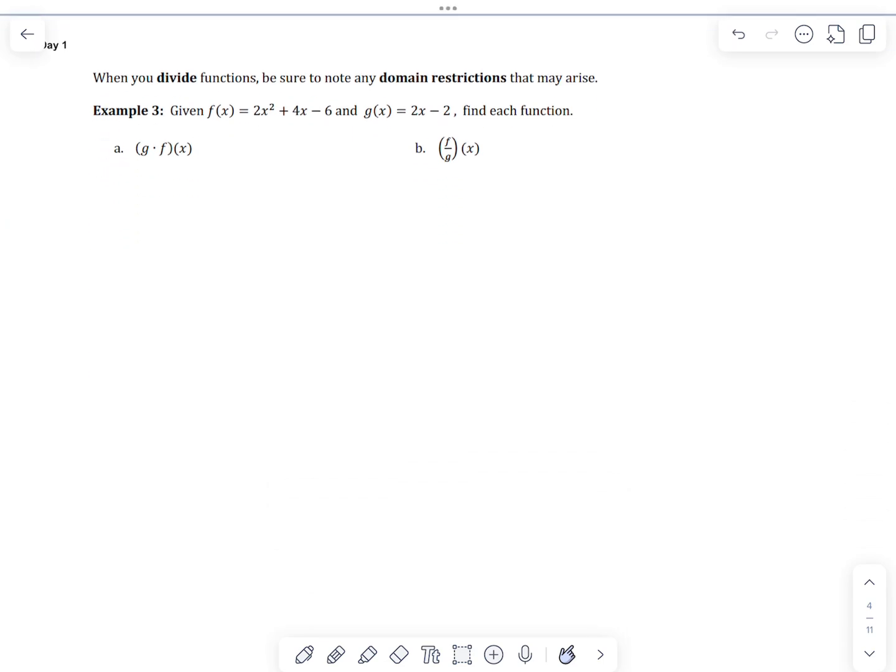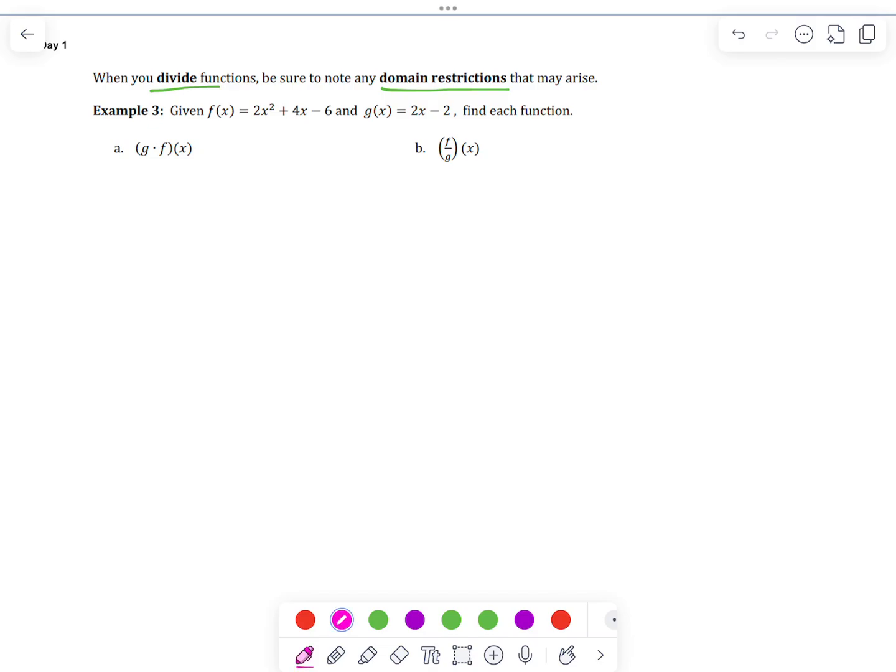All right, now we're going to go ahead and multiply and divide in this next example. Be careful when you divide that you need to make sure you do your domain restrictions. So we have a quadratic and a linear.